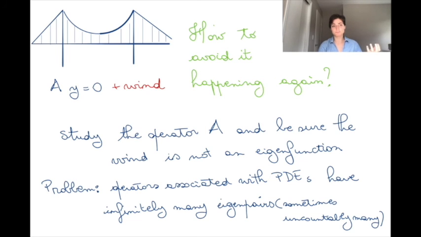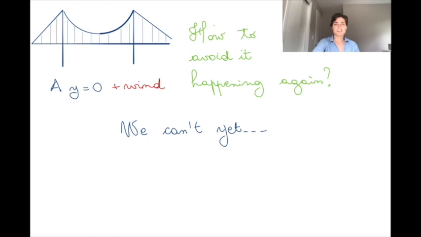Think of the very first example that we saw, dx/dt = lambda x. That has infinitely many eigenvalues that are just like the whole real axis. So sometimes detecting eigenvalues and eigenfunctions can be a very, very hard problem. So what does that mean? That we actually cannot avoid this ever happening again.